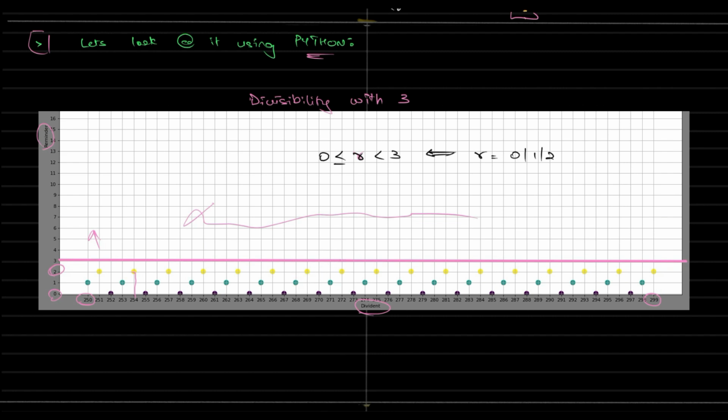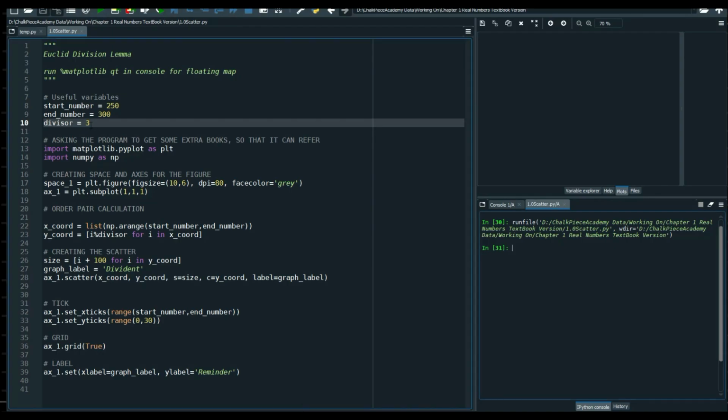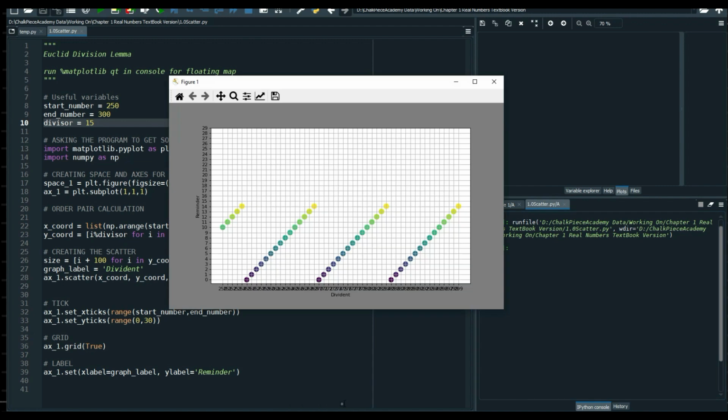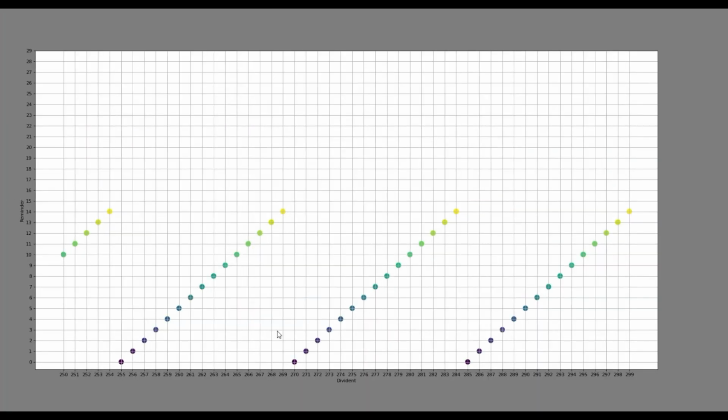Okay, so let's change the number to some big fat number. Let me change it to 15. Let's look at what the output will be. I'm sure you guys would have guessed it. So here we are looking at remainders from 0 till 14.